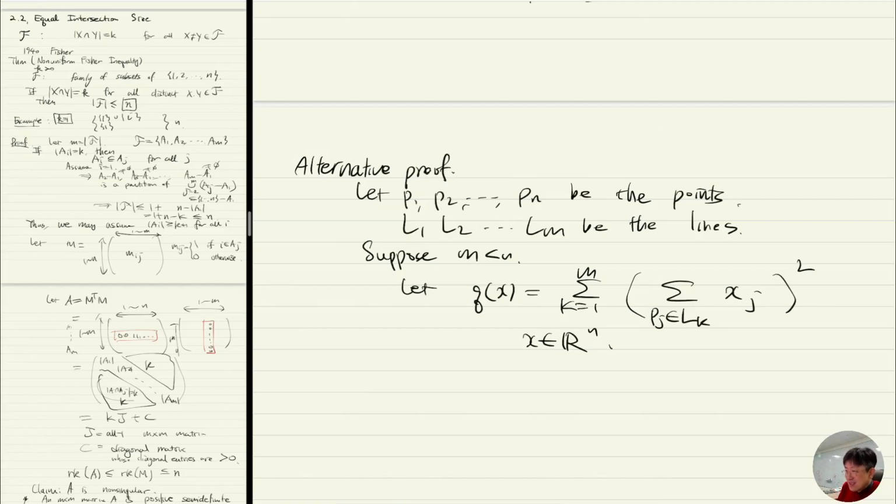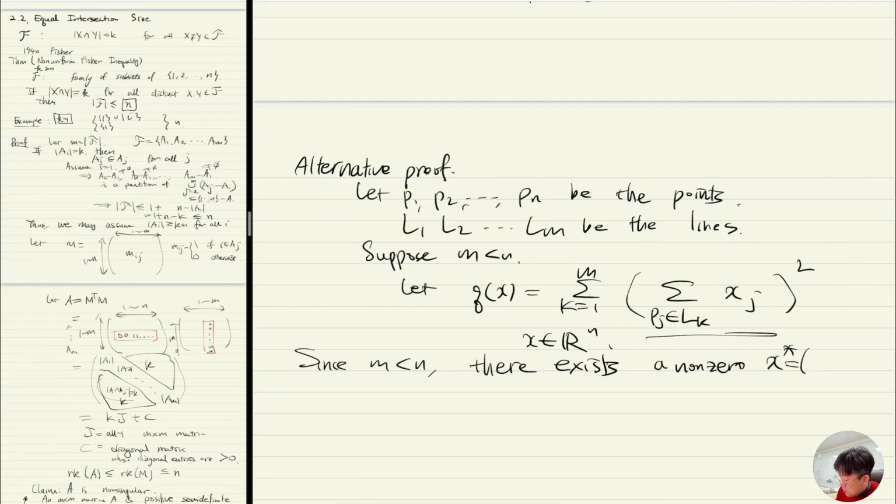And since Q(x) is 0 if and only if all these sums are 0, and the number of terms that we are adding is m, because you have only m equations and you have n variables, by linear algebra, since m is less than n, there exists a non-zero x star, x1 star, ..., xn star, such that Q(x star) is 0, right?